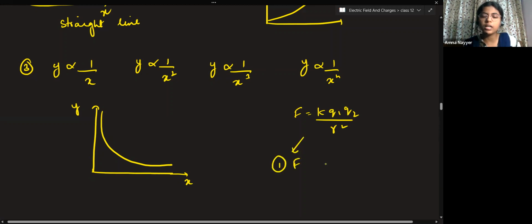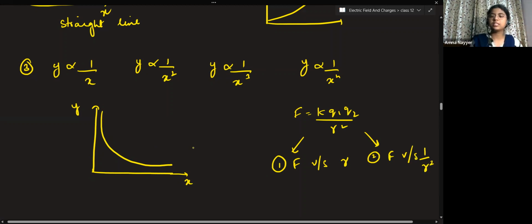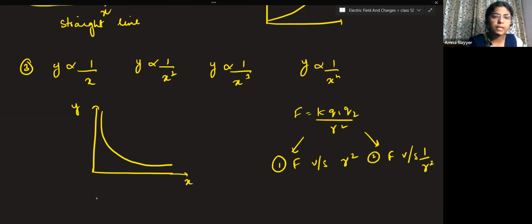First one, draw for F versus R, and the other one, draw for F versus 1 by R square. And just let me know when you are done.